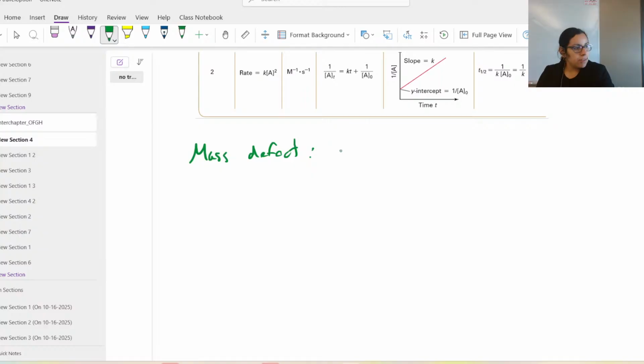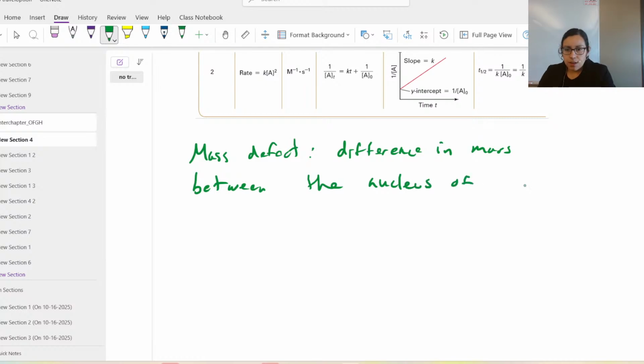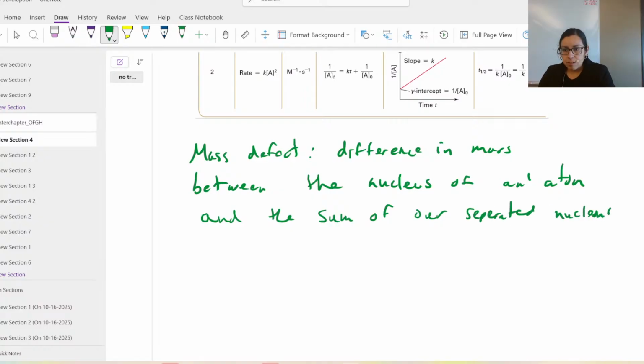And so our mass defect is defined as the difference in mass between the nucleus of an atom and the sum of our separated nucleons. All right, well, let's take a look at what this means.